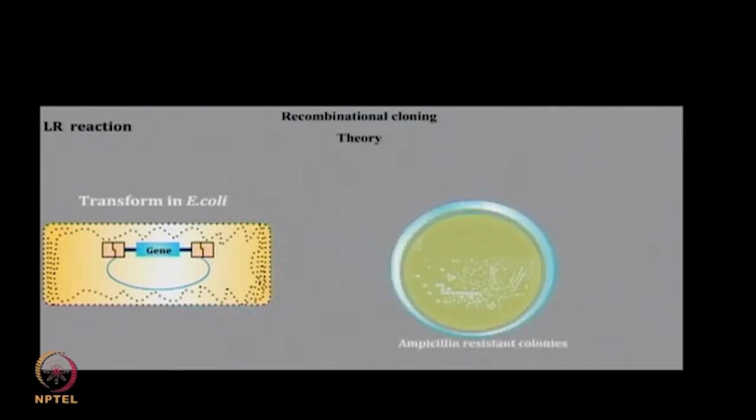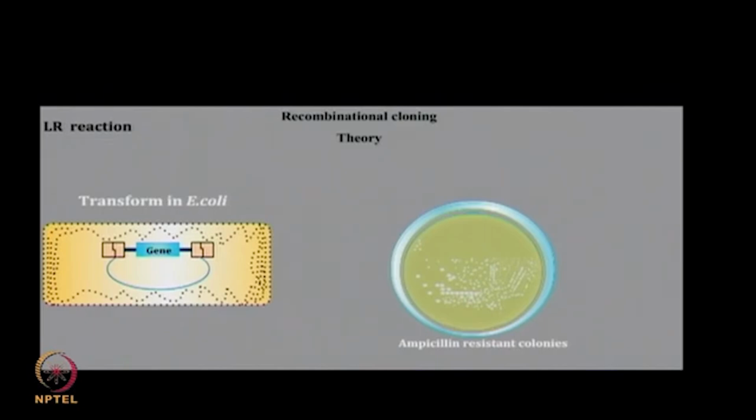The transformation results in colonies which can be selected on ampicillin resistant plates. Now, once the right colonies have been selected, the DNA can be extracted and these clones can be stored for various applications.